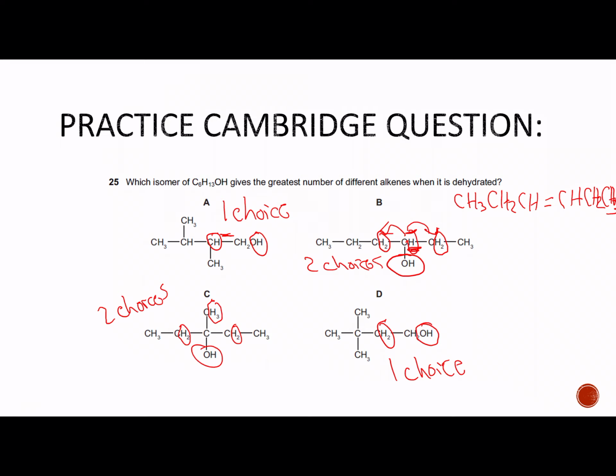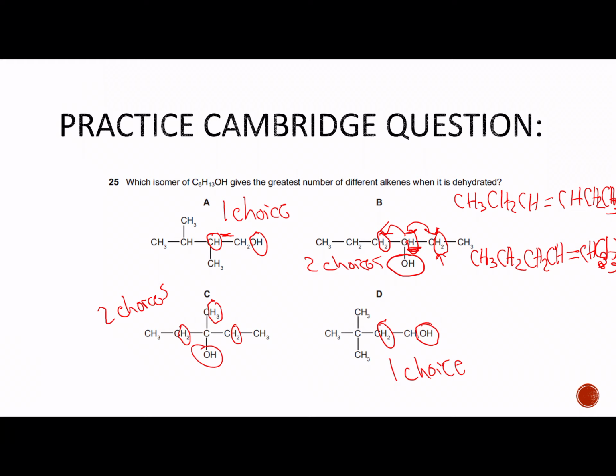And then my other option would be on the other side, CH3, CH2, CH2, CH, remove the hydrogen on the right side, and then CH3. Okay. So those are my two options for B.